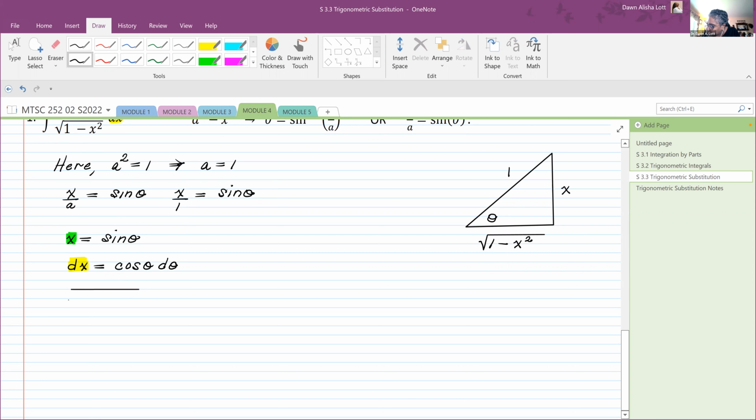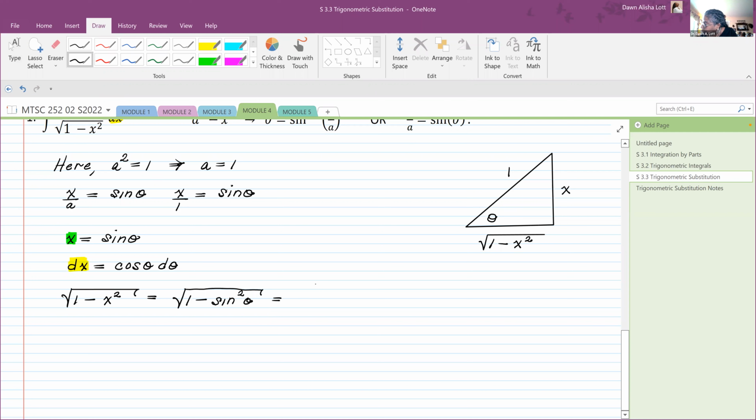So the square root of 1 minus x squared is the square root of 1 minus sine squared theta. Okay, that's good, because 1 minus sine squared is cosine squared. Notice this triangle is less than 90 degrees.